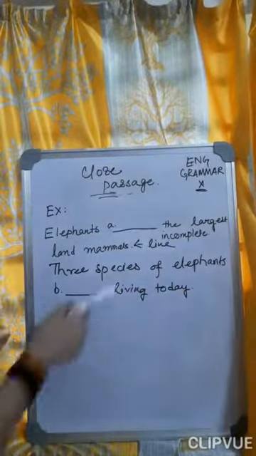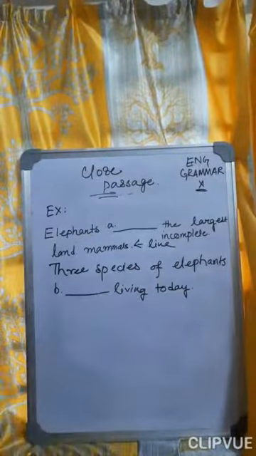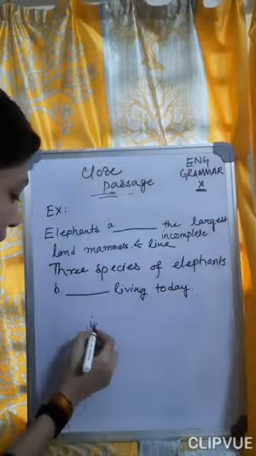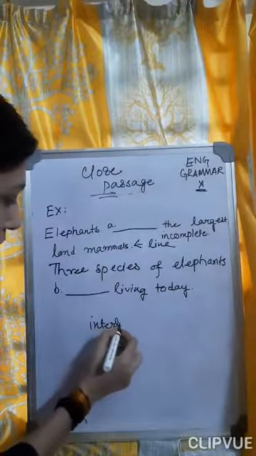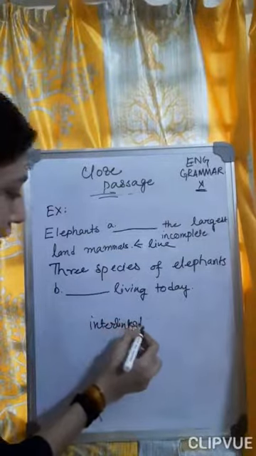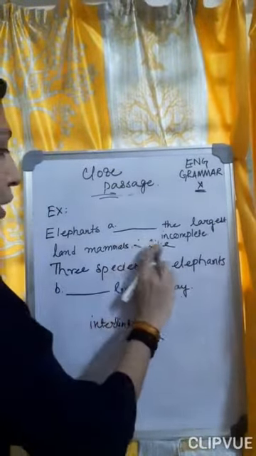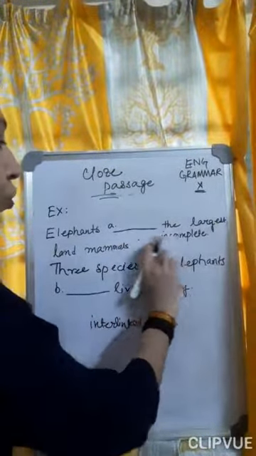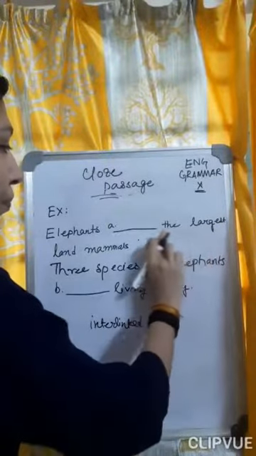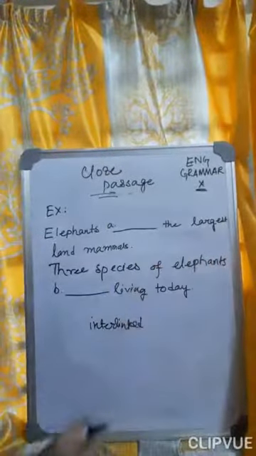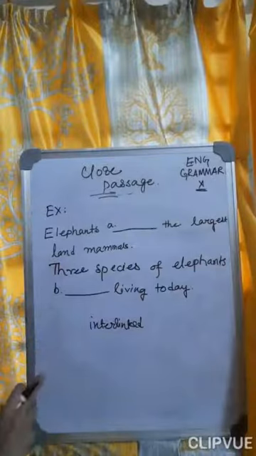You can see these two lines are interlinked. So this is one line and this is another line, both interlinked. That is making it a passage rather than two separate sentences.